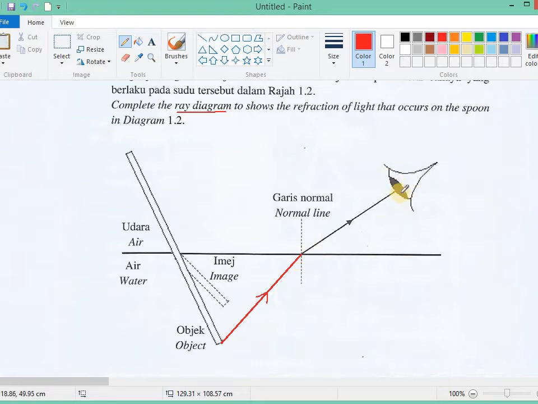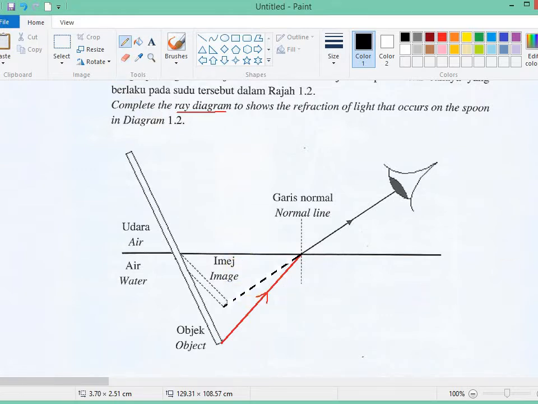From the point of view of the eye, it looks like the light comes from here. So the line to show the direction of the light, apparently coming from here, you must draw using a dotted line.